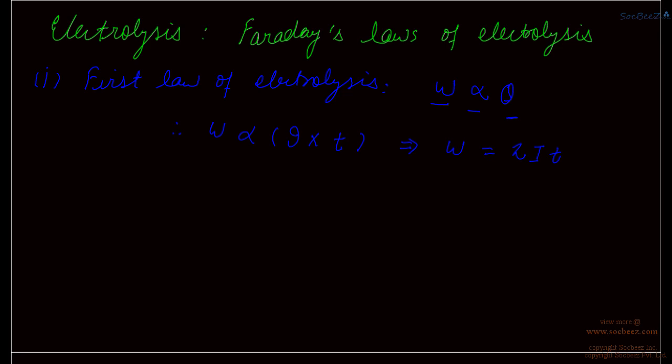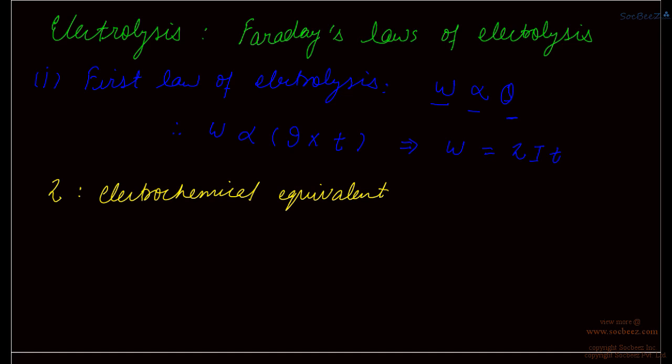Now, electrochemical equivalent, by definition, is the mass of substance deposited in gram either by passing 1 coulomb of charge or by passing 1 ampere of current for 1 second.